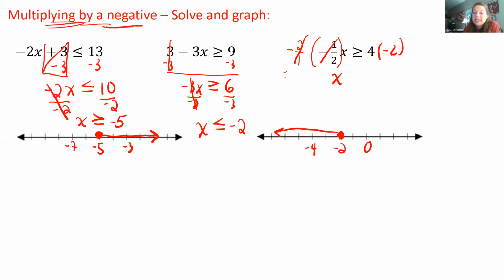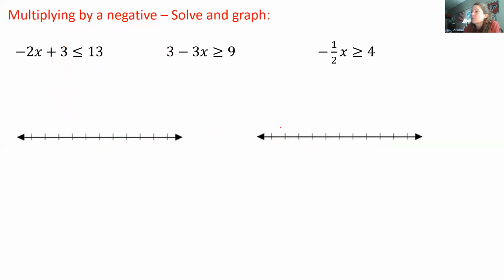We're multiplying by a negative number, so we're going to flip our sign. And 4 times -2 is -8. And if we're going to graph that, what did I put? I had x is greater than or equal to -8. -8, -10, -6. So there's our closed circle, and it's pointing to the left.